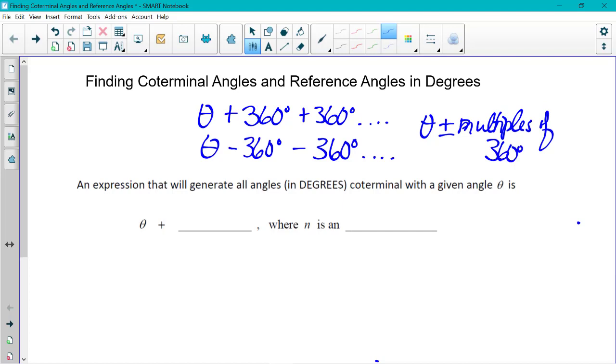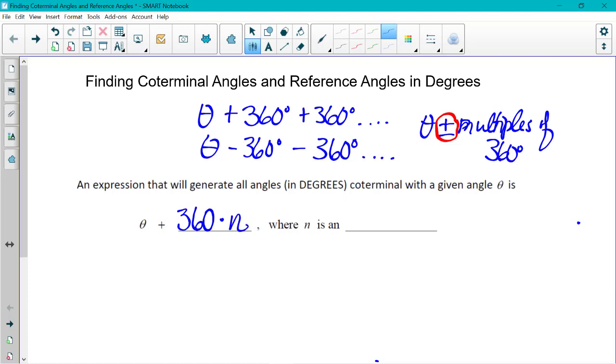And we said we can take care of this adding and subtracting by using an integer to represent the number of times we add 360, the number of times we subtract. So an expression that will generate all angles in degrees that are coterminal with the given angle would be: take the angle and add 360 times n.